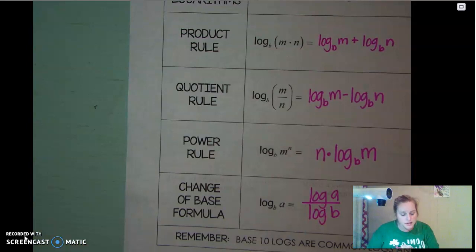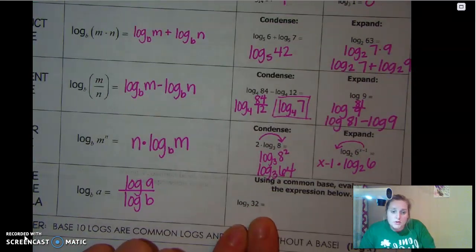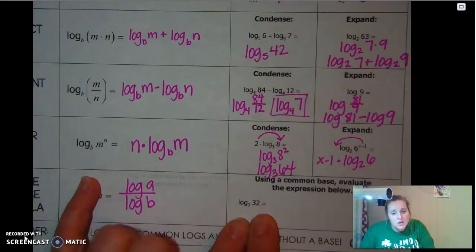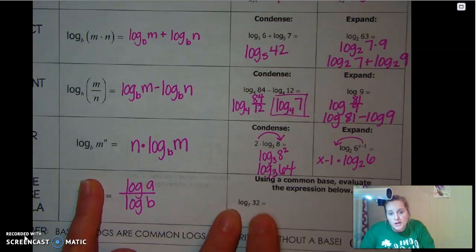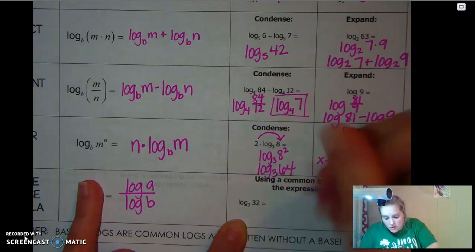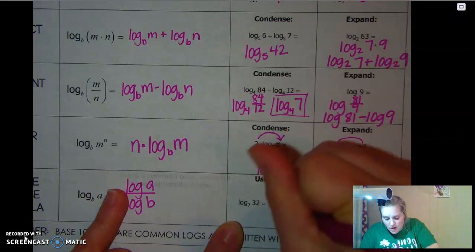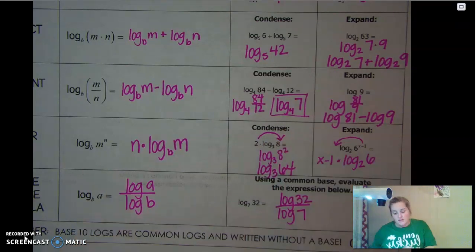So you split it up, log A over log B. For this one, again, if you've got just your cell phone, there's no way for you to put this in your cell phone. No calculator can do that unless you have a scientific calculator like one of the ones we have in our class. So what we would need to do is convert that to common log. So you would do log 32 divided by log 7. Now that you can do in your calculator on your cell phone.